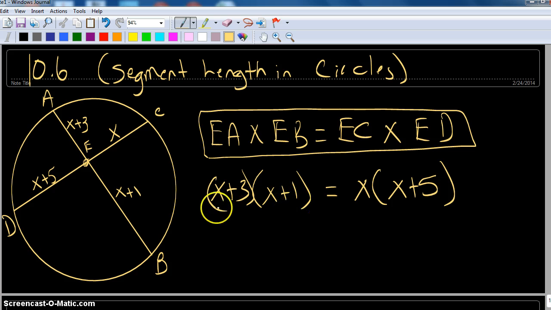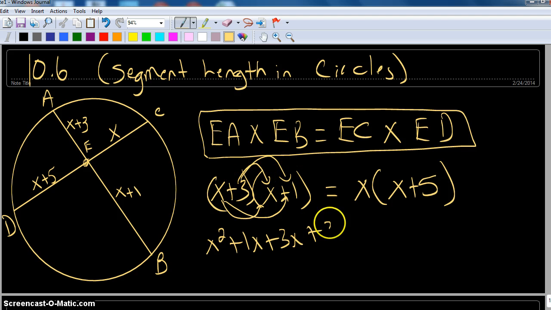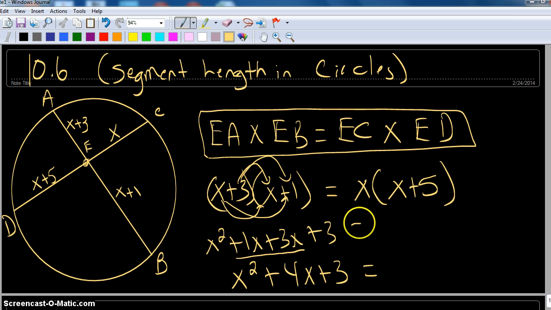Now right here's the FOIL method. We did it earlier. X times X, X squared. X times 1, 1X. 3 times X, 3X. And 3 times 1 is 3. I'm going to fix this real quick, because 1 plus 3 is 4, so it's really X squared plus 4X plus 3 equals, well, X times X is X squared, and X times 5 is 5X.